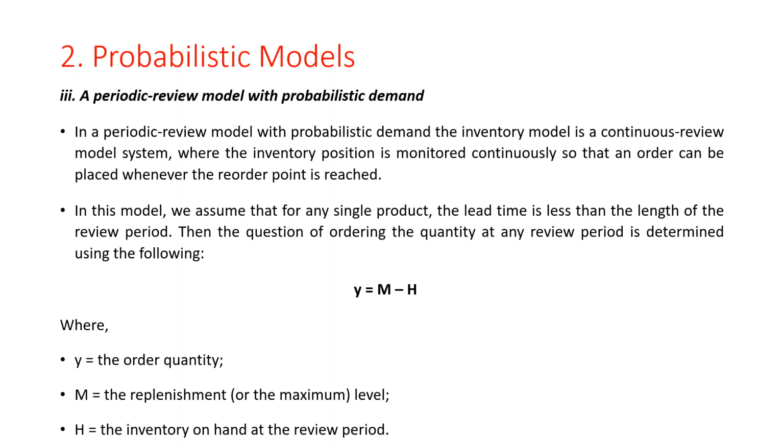In this model, we assume that for any single product, the lead time is less than the length of the review period. The order quantity at any review period is determined using y = M - H, where y is the order quantity, M is the replenishment or maximum level, and H is the inventory on hand at the review period.